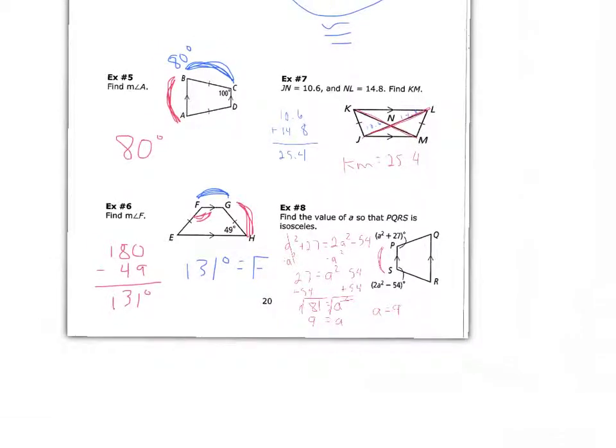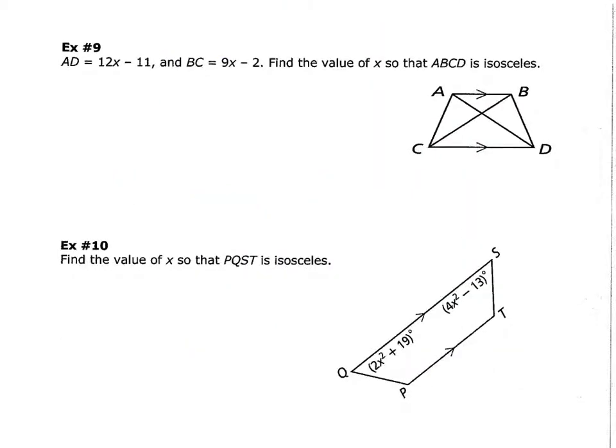Review these 4 examples real quick, and that's it for that page. I'll do one more example of an equation setup. We know that AD equals 12x minus 11, and BC equals 9x minus 2. Those are diagonals, and we know that diagonals are congruent, so we're just going to set these equal to each other.